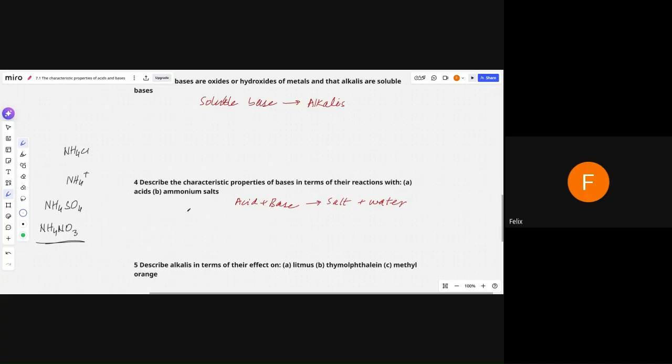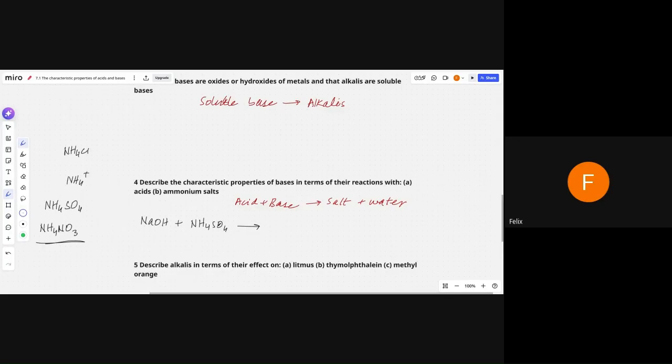Now, ammonium salts and bases. Sodium hydroxide, for example, when it reacts with an ammonium salt, let's take ammonium sulfate, that is an ammonium salt.